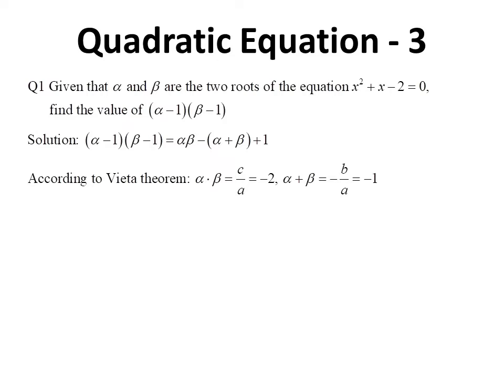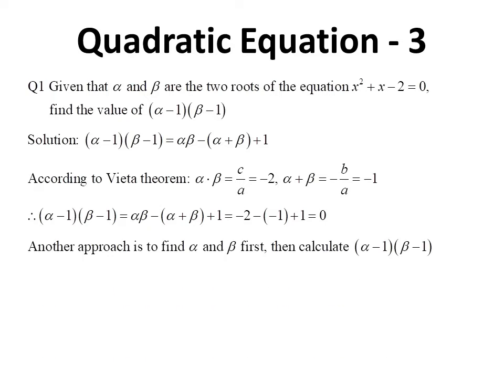As we know from the given quadratic equation, alpha times beta equals negative 2, while alpha plus beta equals negative 1. So the expression of alpha minus 1 times beta minus 1 equals 0. As for the alternative approach, the cross product method is used here to factorize the equation, and the two pairs of roots are obtained in this way.